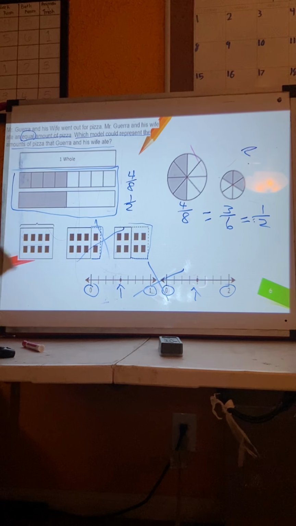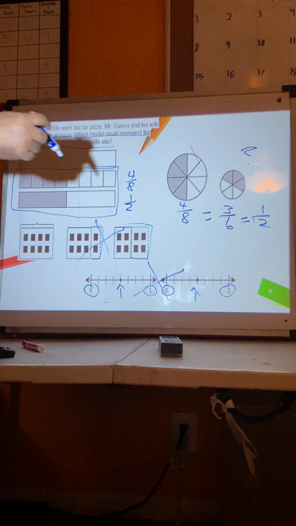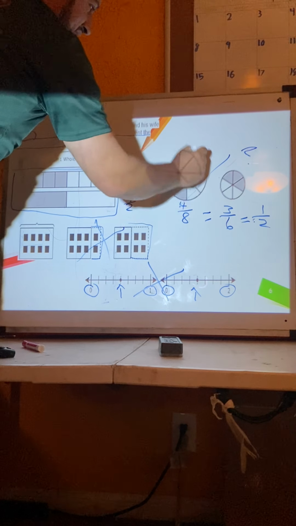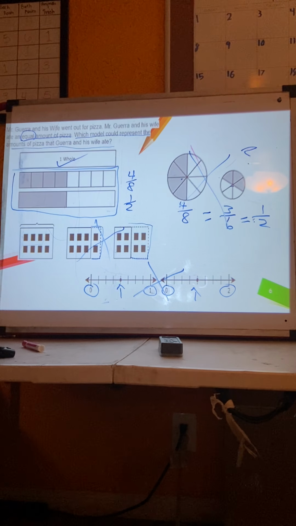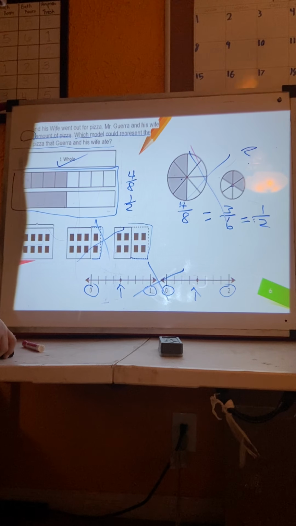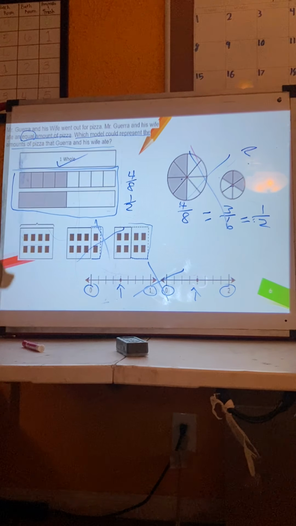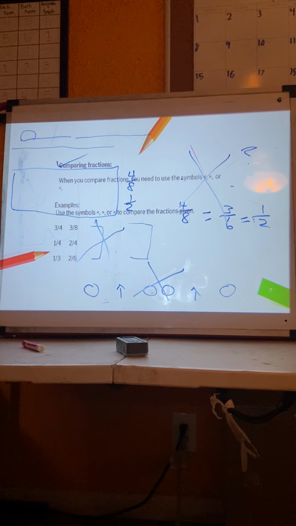But these are the same shape. But guess what? They're not the same size. This one is bigger than this one. So that would be your answer for finding an equivalent fraction that way. So, let's move on.